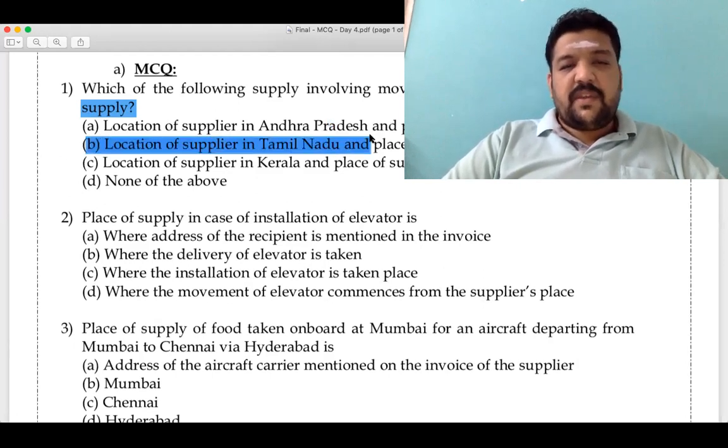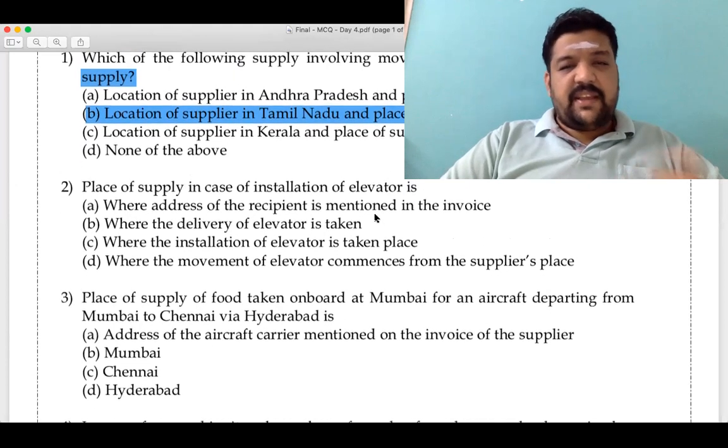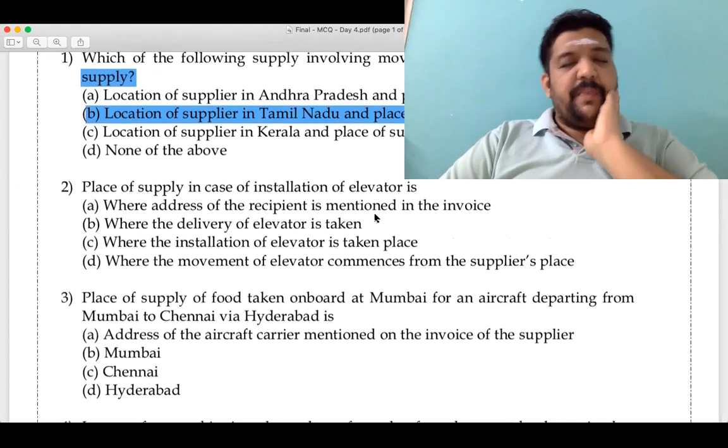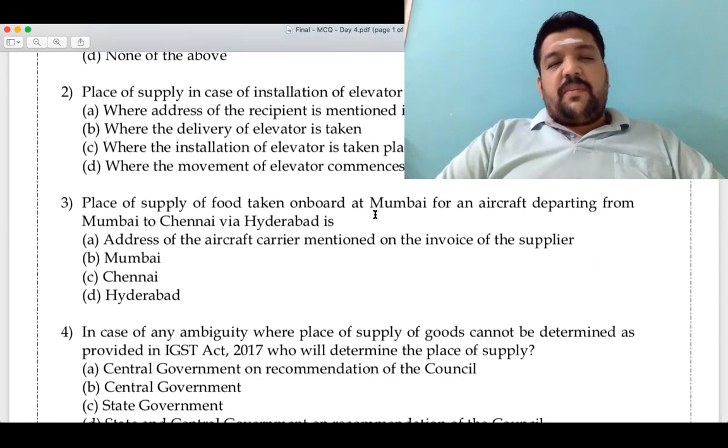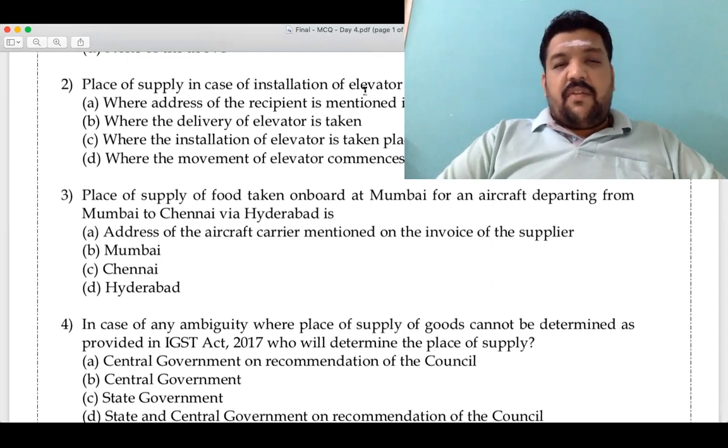When location of supplier and place of supply are in the same state, then yes, no doubt, it is going to be an intra-state supply. Place of supply in case of installation of an elevator. Question number 2, MCQ 2.